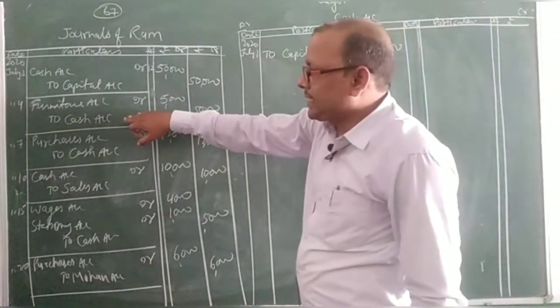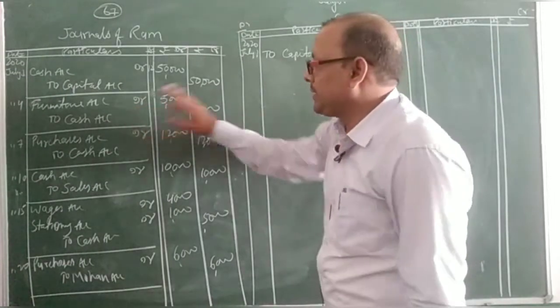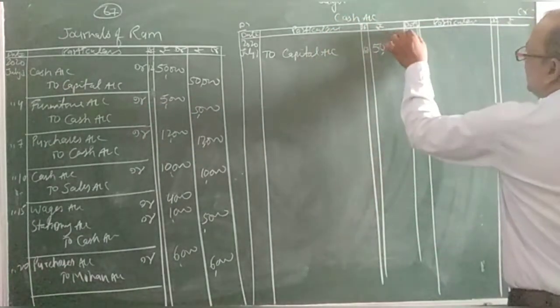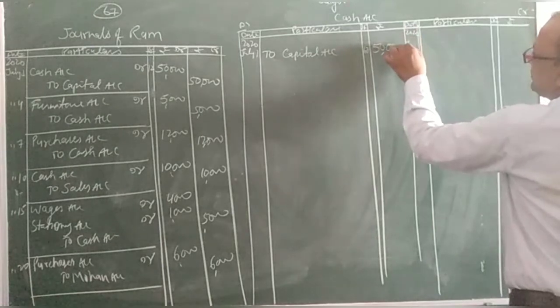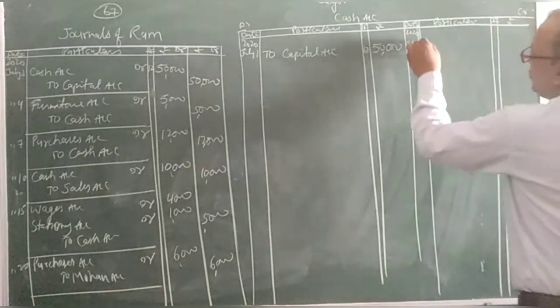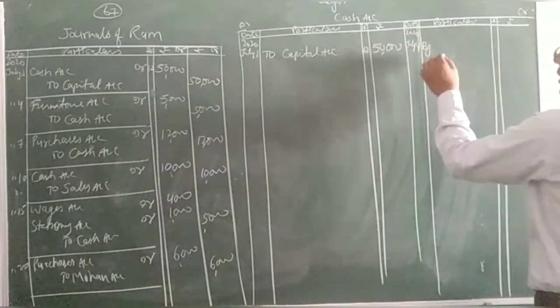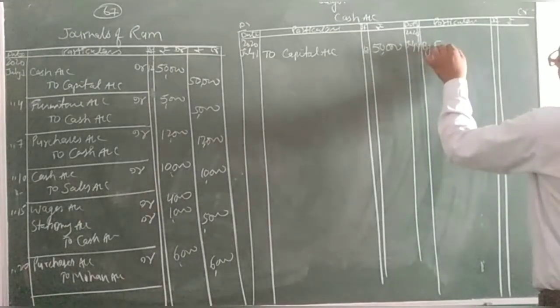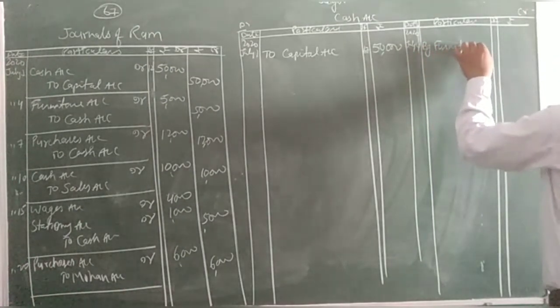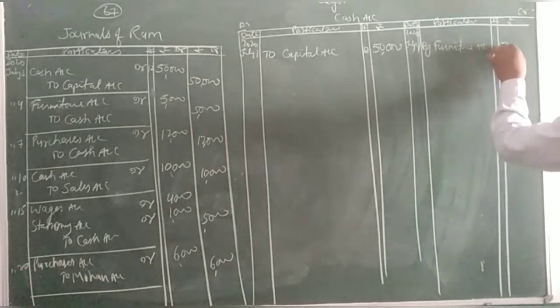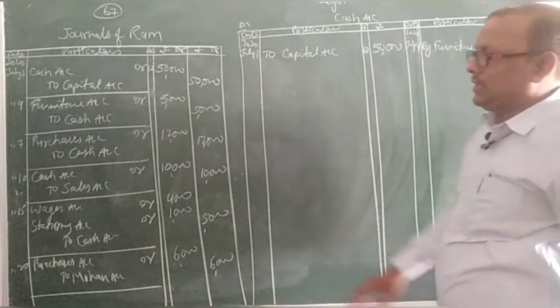Again, cash is credited in the second entry, so posting will be on the credit side. 2020 July 4, the opposite account is furniture, so by furniture account it is rupees 5,000.